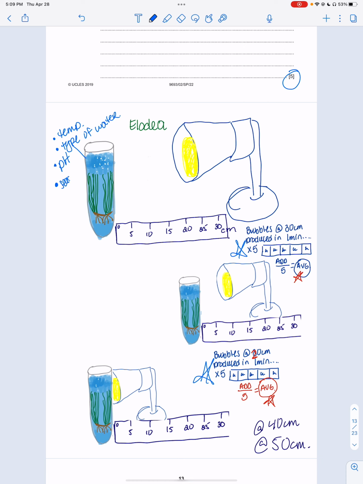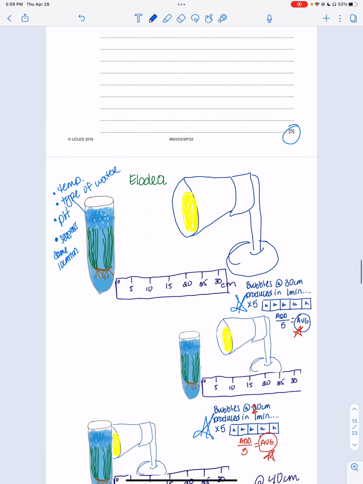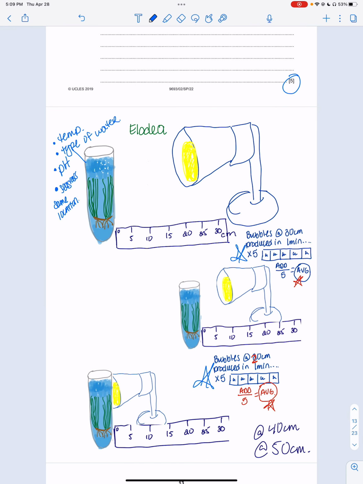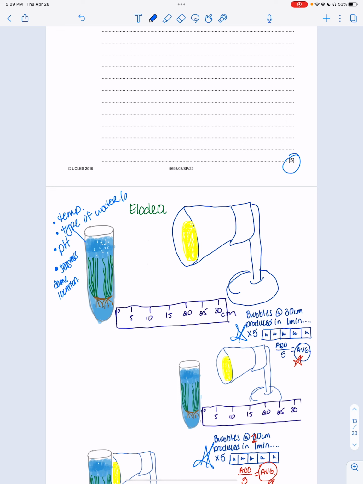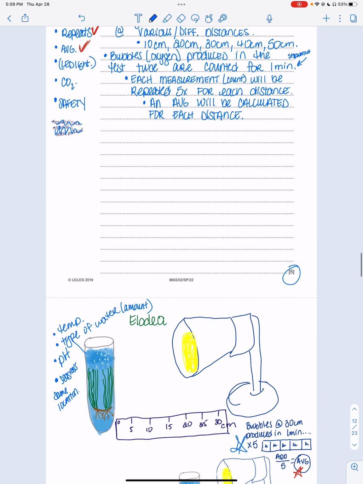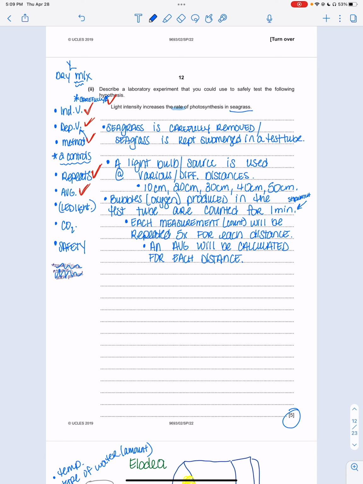The seagrass from the same location. The amount of water too you want to maintain. I said a minimum of 2.